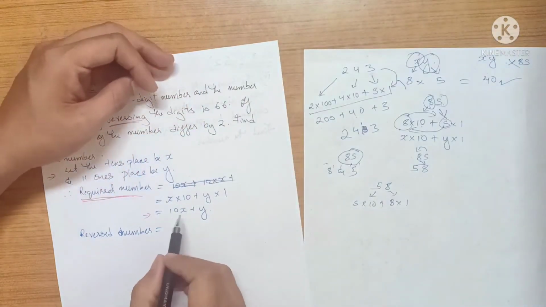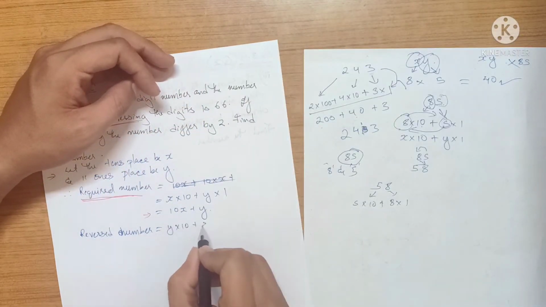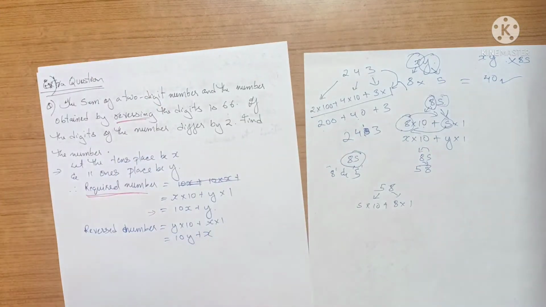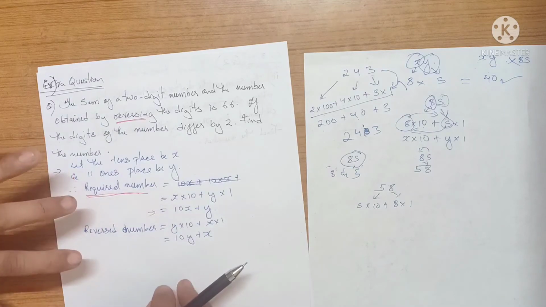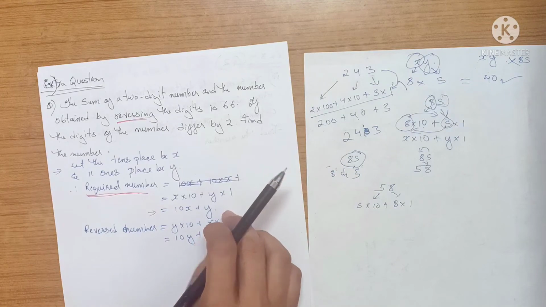The same thing will occur with x and y. So this will be y into 10 plus x into 1, which is 10y plus x, and that will be our reversed number. So whenever there's a two-digit number, you're always going to do this. You take the tens place and the ones place, and after that you find the required number, which will always be the same.